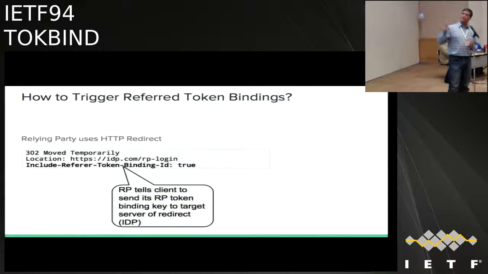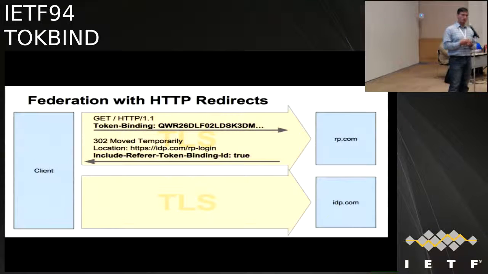The presence of this new header, the include referred token binding header, tells the client that it's okay to disclose its token binding ID to the identity provider, so that in the next stage of the protocol, the identity provider can issue a token that is bound to the relying party.